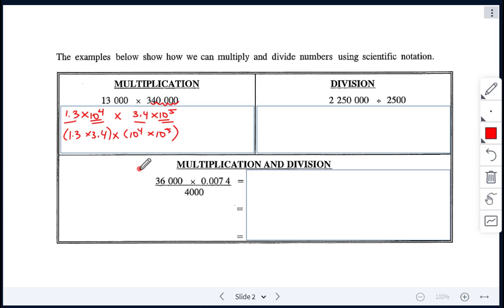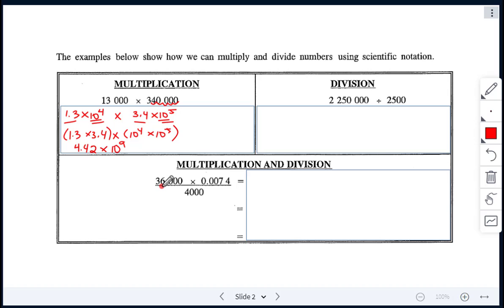What do we do to our exponents when the same base are being multiplied? Yes, that's correct. So we would add. So here 1.3 times 3.4, that just becomes 4.42. And then we have 10 to the power of 4 plus 5, which is 10 to the power of 9. So our answer is 4.42 times 10 to the power of 9.